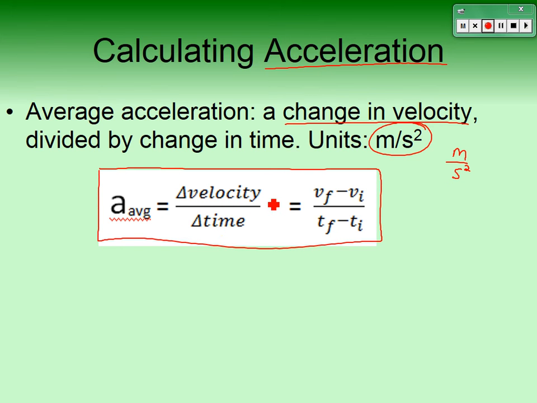Well, velocity is measured in meters per second, and time is measured in seconds. So what's meters per second times 1 over seconds? That's meters per second squared, because seconds times seconds is seconds squared. So that's how they get the units of meters per second squared.